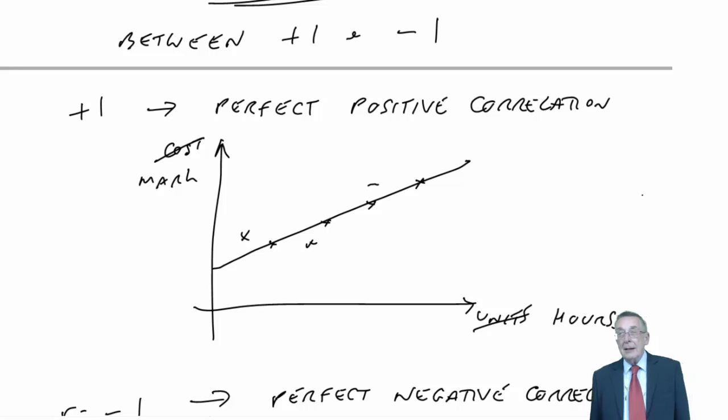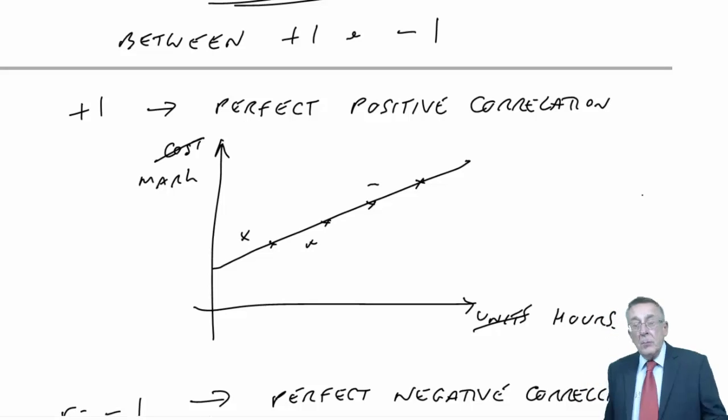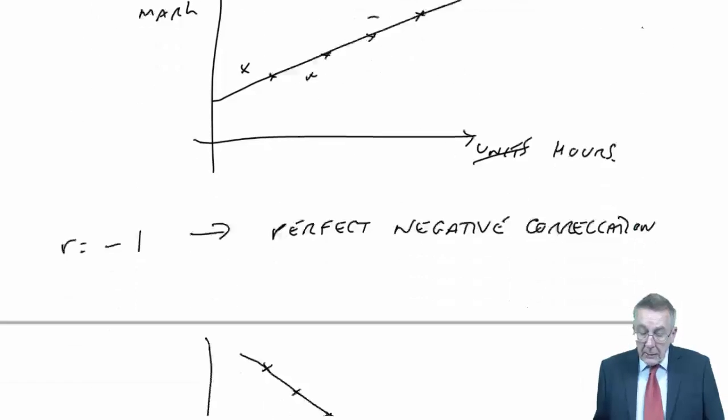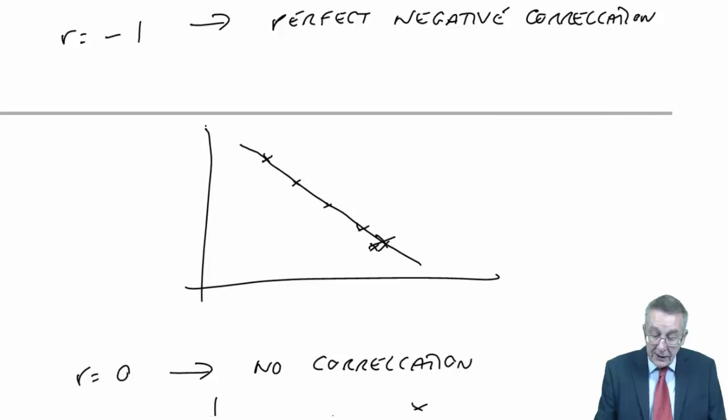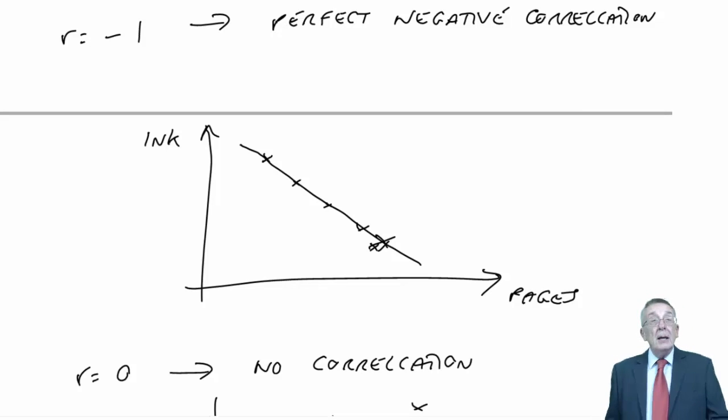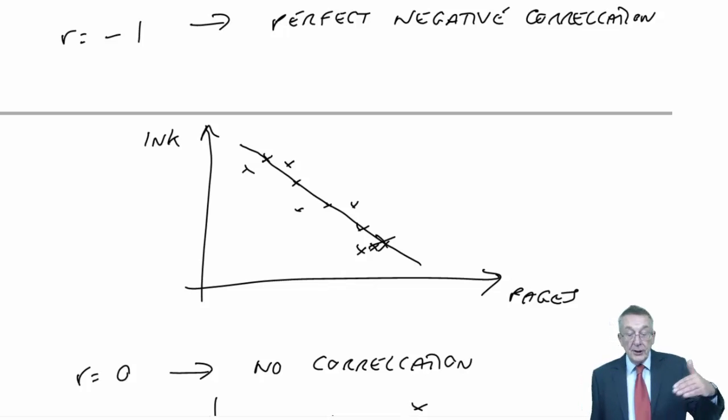Well, surely the more you print, the less ink you'll have left. And so I would expect it to be negative correlation, the amount of ink, the number of pages. Again, I wouldn't claim it's perfectly linear, but you would expect the correlation to be negative.